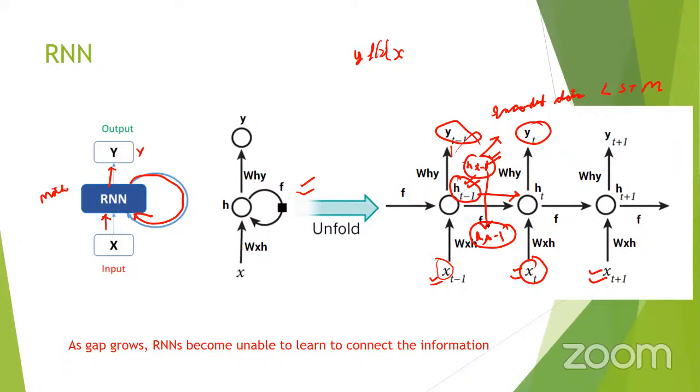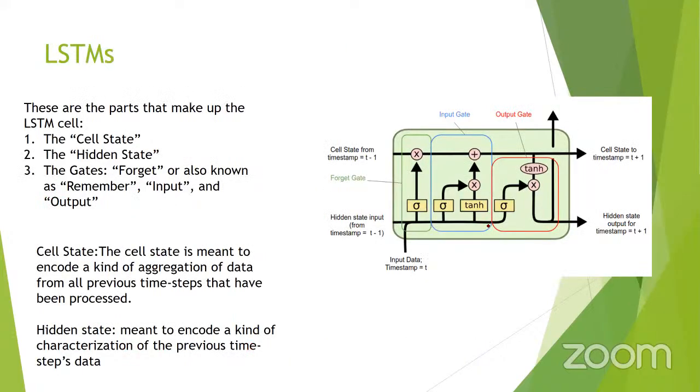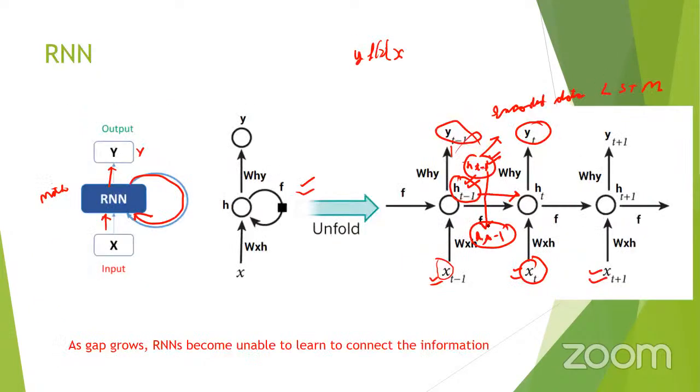So for solving that particular scenario, my LSTM came into the picture, right? And what is the inner structure of LSTM, let's say. For solving that long-term dependencies problem of RNN, LSTM came into the picture. And here, if you see in LSTM, there was this hidden state, right?